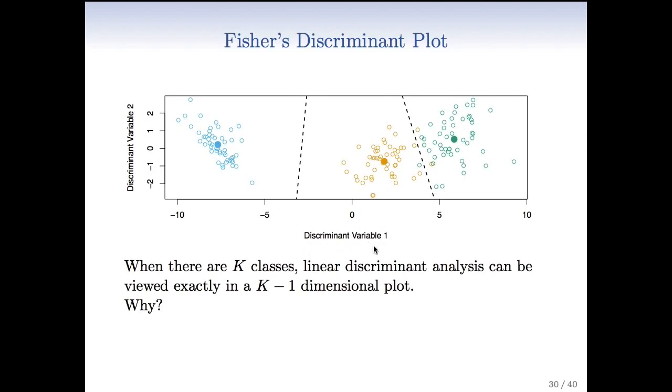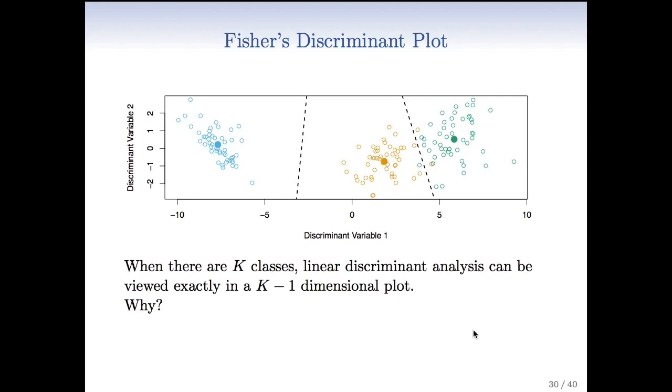And I've got discriminant variable 1 and discriminant variable 2 as the horizontal and vertical axes. And it turns out these are linear combinations of the original variables, but they're special linear combinations. And when you plot the variables against these 2, you see really good separation. And these arise from actually performing the linear discriminant analysis.